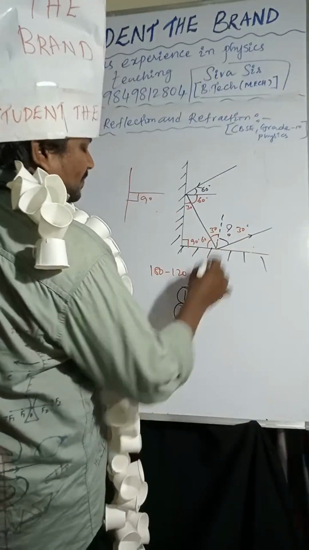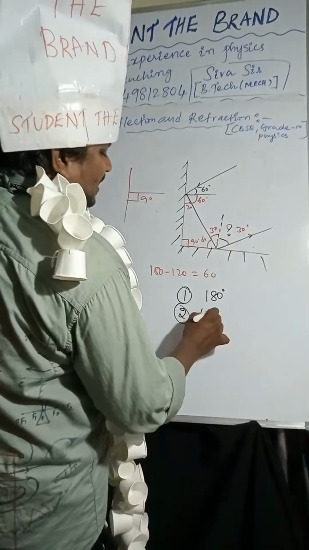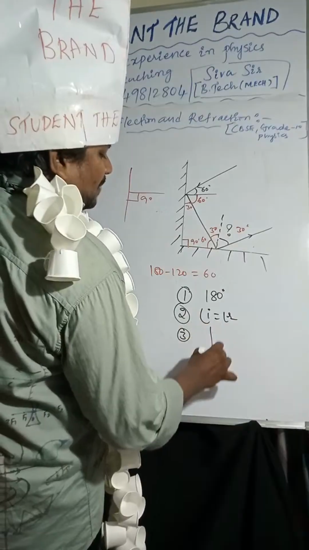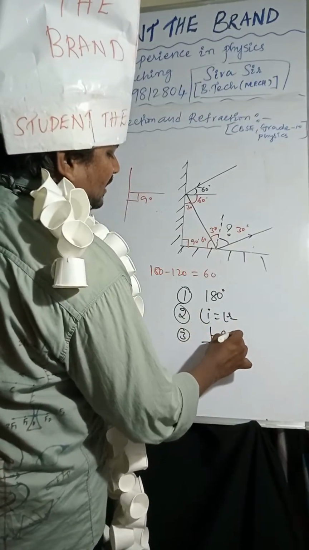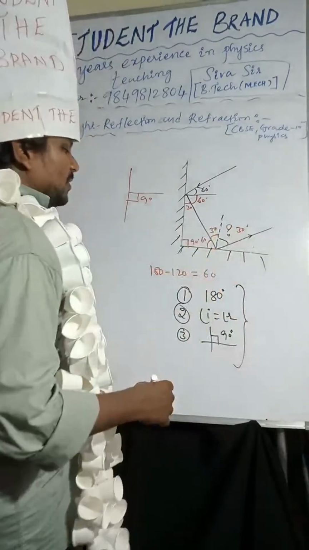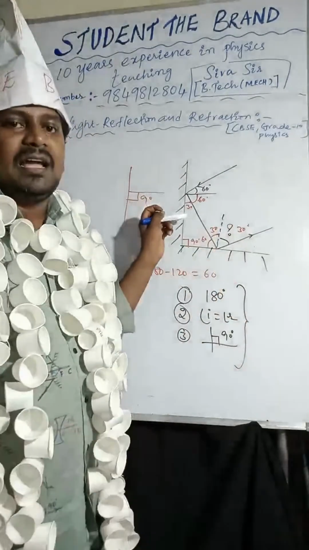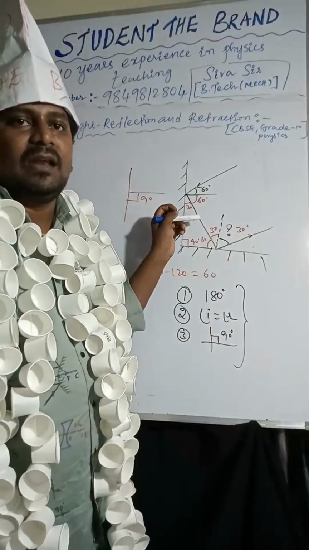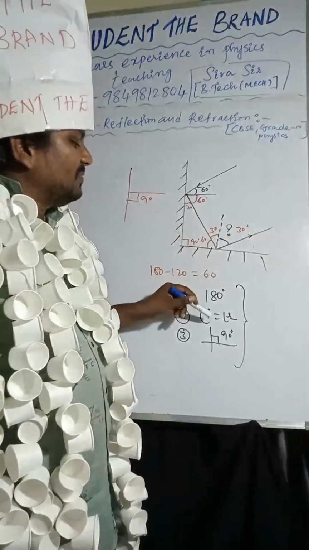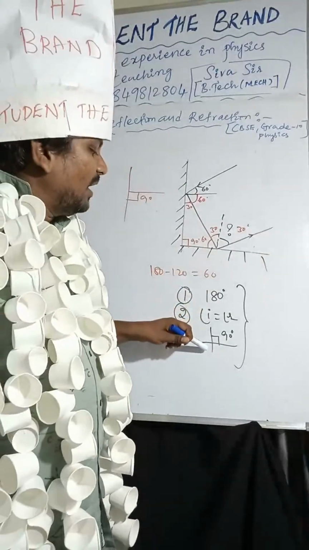Point number two: the angle of incidence is equal to the angle of reflection. Point number three: a perpendicular angle is 90 degrees. If you know these three rules, we can solve this problem.